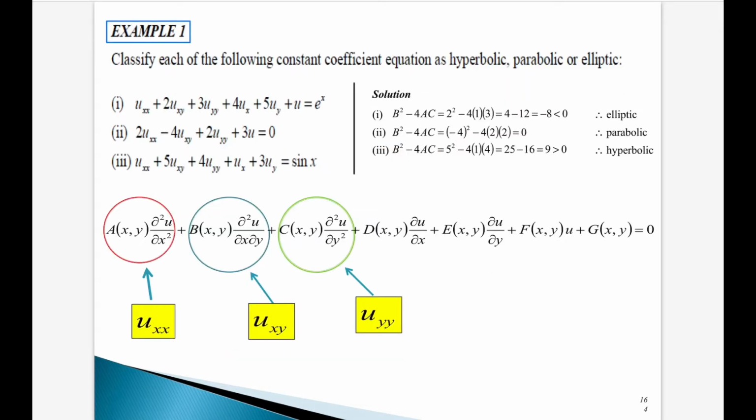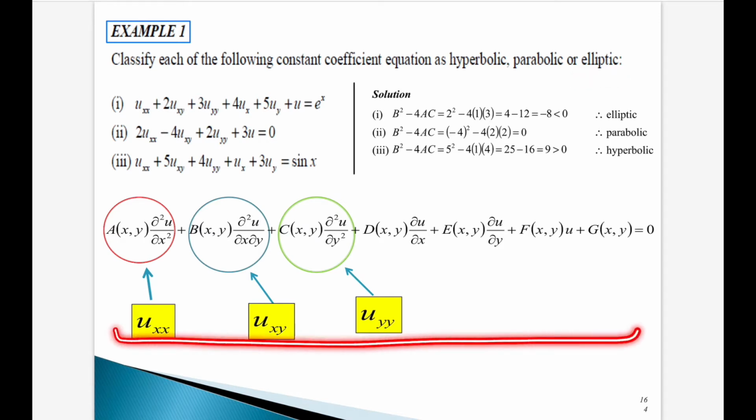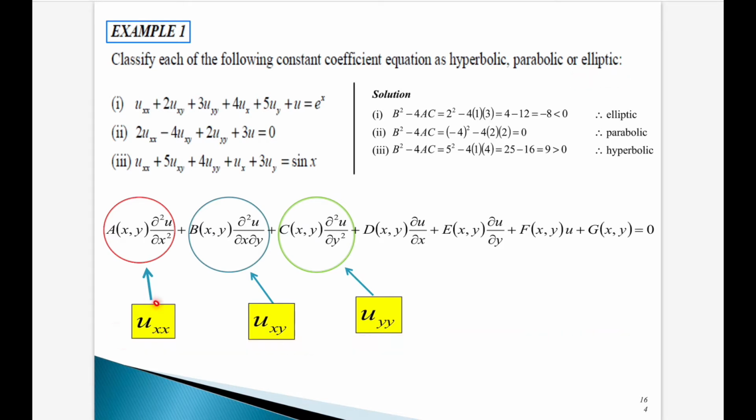Let's look at example 1. Classify each of the following constant coefficient equations as hyperbolic, parabolic, or elliptic. This is the general form of second order PDEs. A is the constant coefficient of uxx. In this case, A is equal to 1, B is equal to 2, and C is equal to 3.